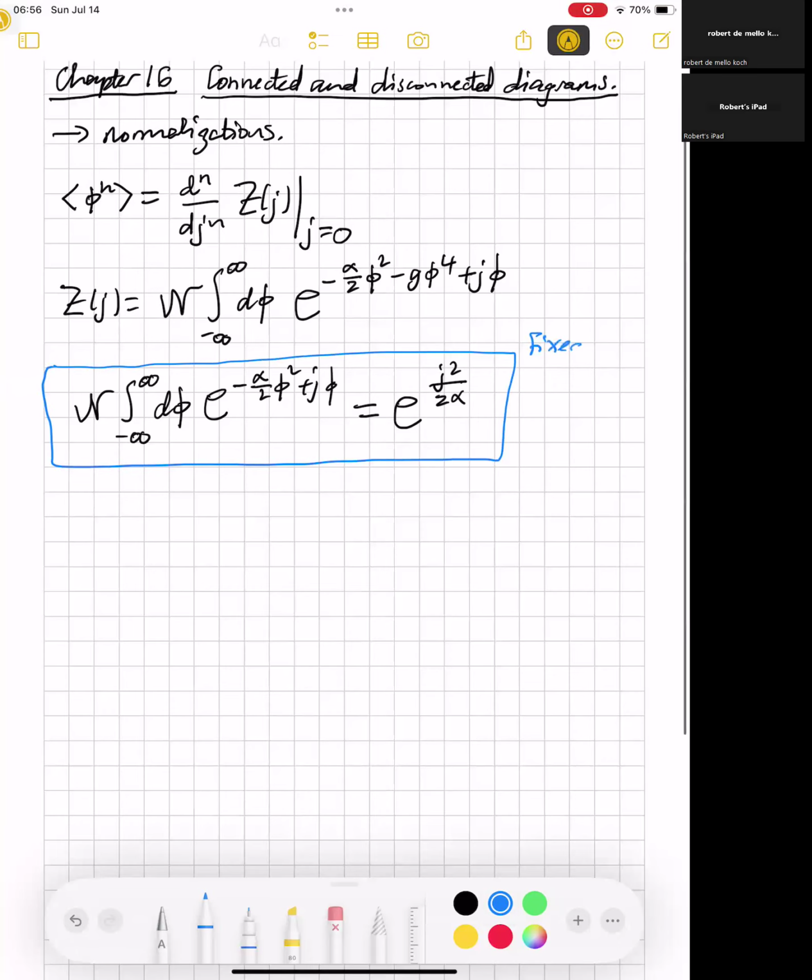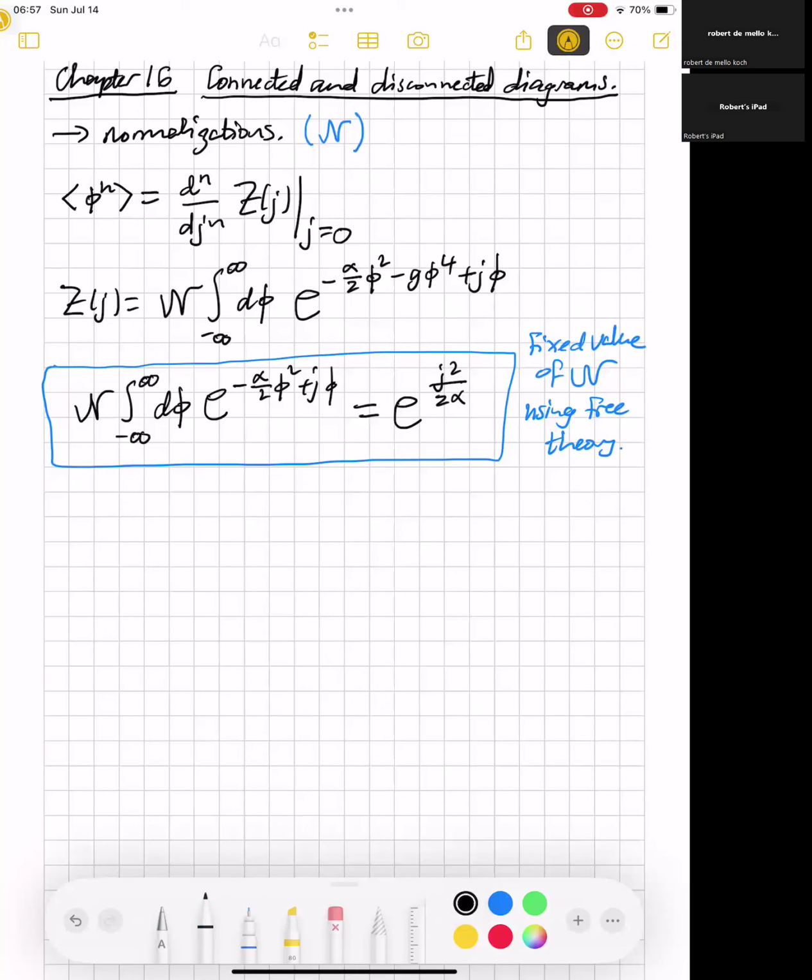This fixed the value of the normalization N. And when I say that we're discussing normalizations, we're discussing specifically the value of N. We're going to change N now. We fixed the value of N using the free theory. We didn't think too much about it in the interacting case, but in the free theory, this is how we fixed it.